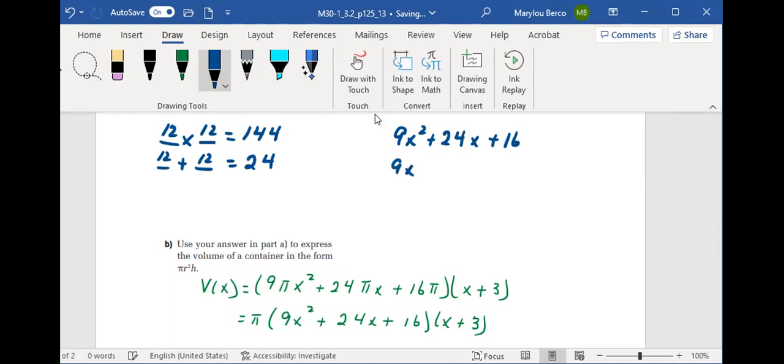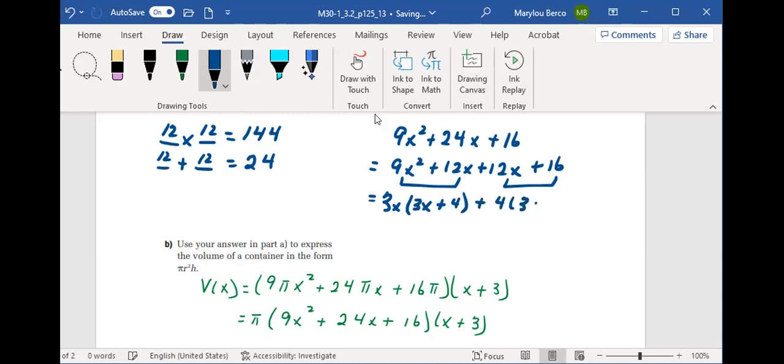So we have 9x squared plus 12x plus 12x, decomposing the 24x, plus 16. Factoring by grouping, we have 3x by 3x plus 4, plus 4 by 3x plus 4. So this is equal to 3x plus 4 squared.